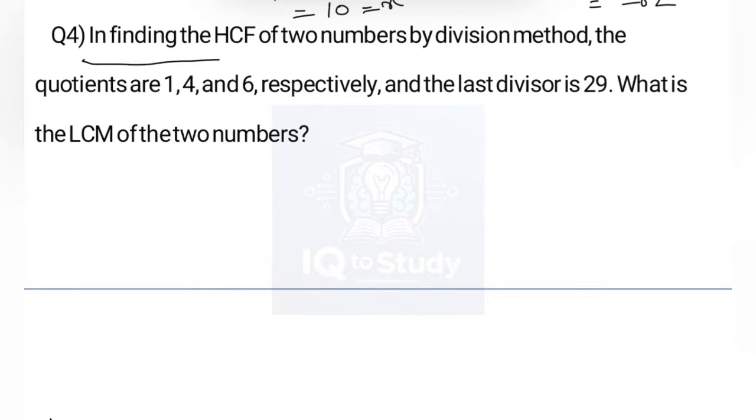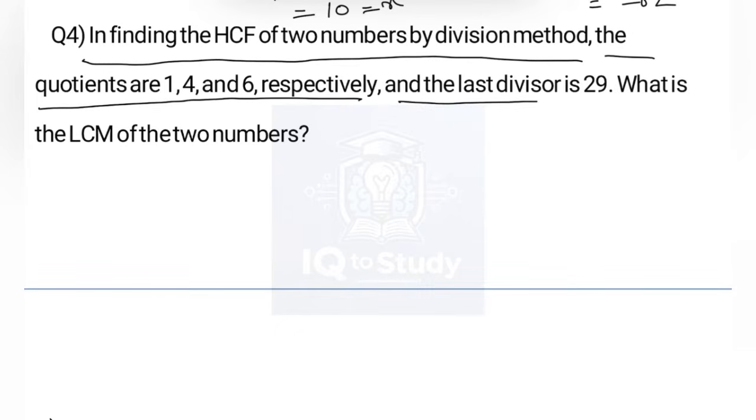In finding the HCF of two numbers by division method, the quotients are 1, 4, 6 respectively, and the last divisor is 29. What is the LCM of two numbers? Given last divisor is 29. So the remainder before that will be 0.